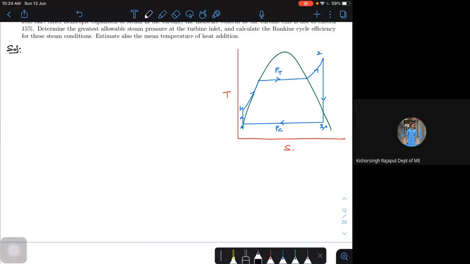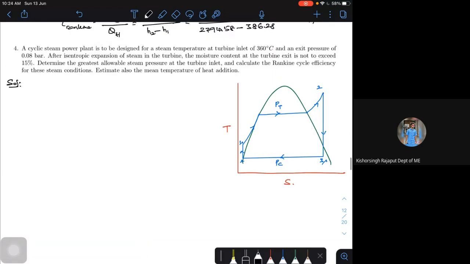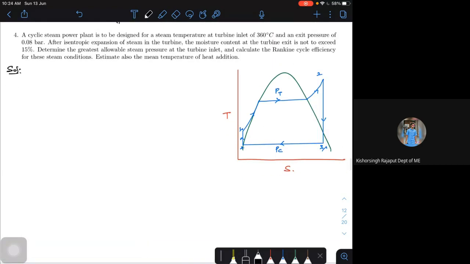Now let's write it down. What is given in the numerical? They have given the steam turbine inlet temperature, that is T2. T2 is equal to 360 degrees Celsius. Then P3, the condenser pressure, is 0.08 bar.